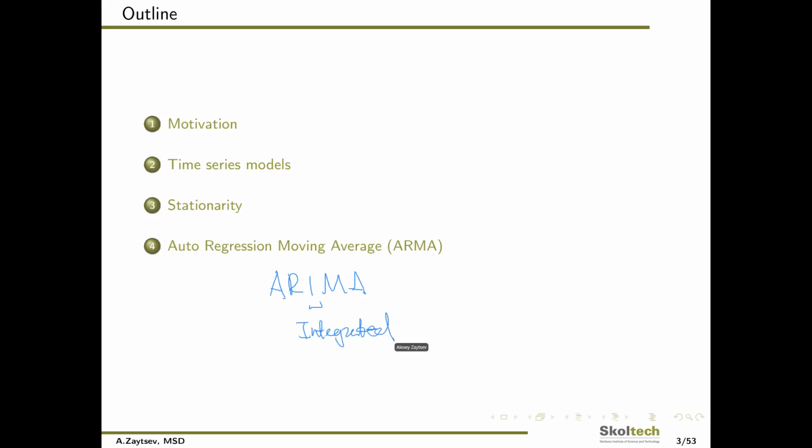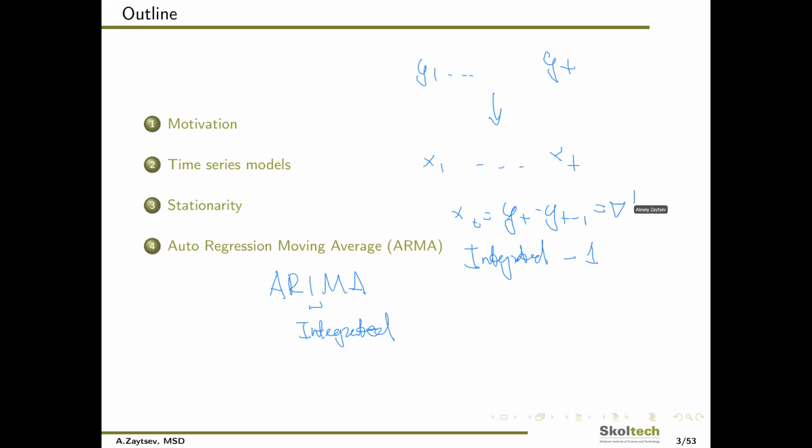It means that we consider not y_t but a simple transformation: x_t equals y_t minus y_{t-1}. This is the integrated part of the first order. If you consider second-order differences, up to k, we have an integrated time series of order k.